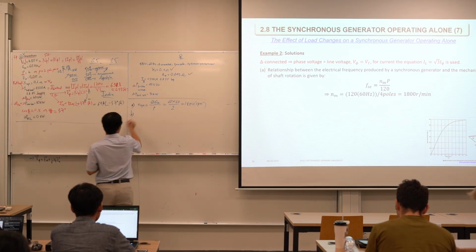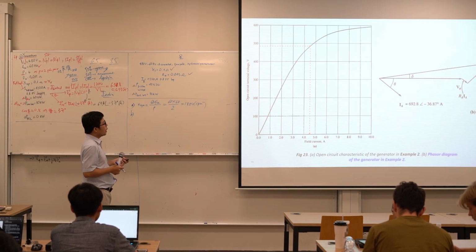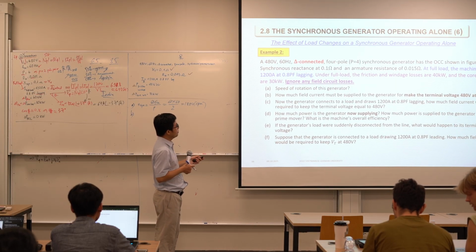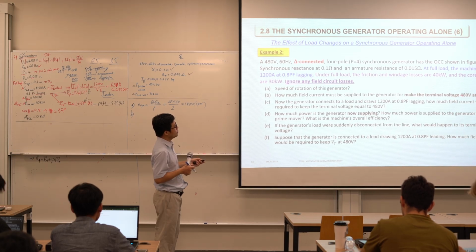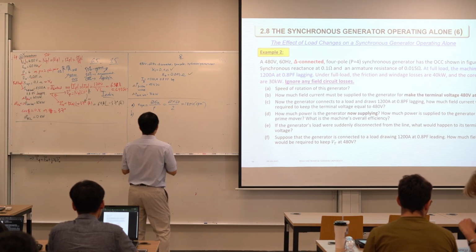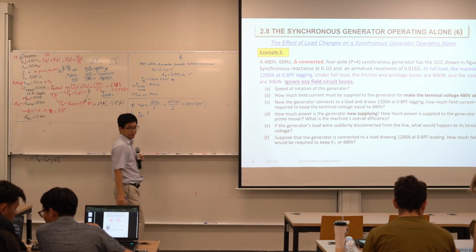Question B. How much field current must be supplied to the generator to make the terminal voltage 480 volts at no load? So they require us to consider how many IF.